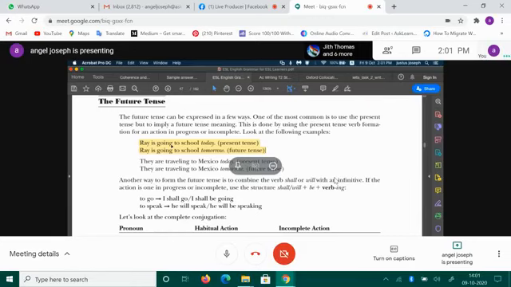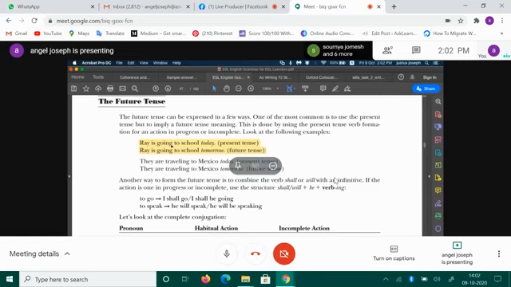Very rarely would you use a future tense. Even when you are writing a report, most of your IELTS academic reports or letters would be written in past or variations of past and present. Very rarely would you see the usage of future tense.